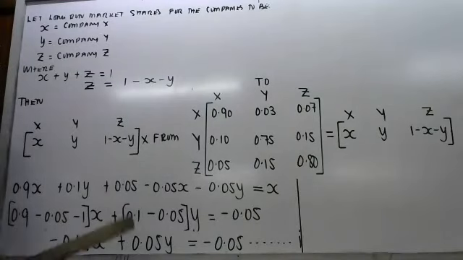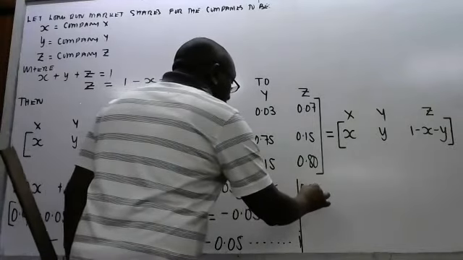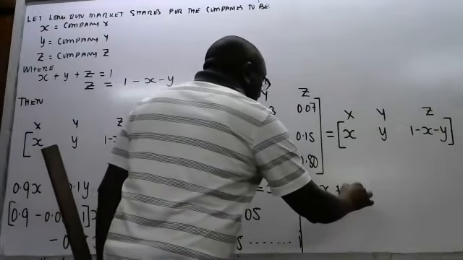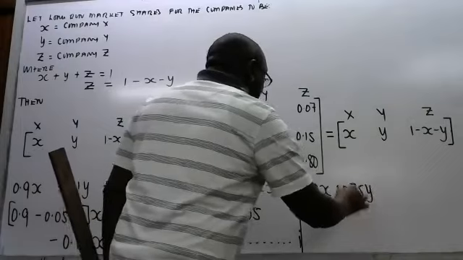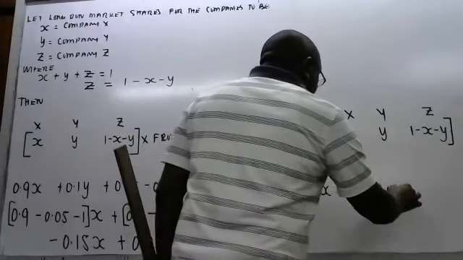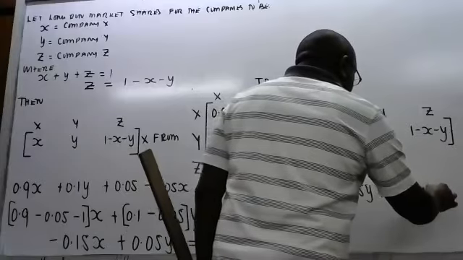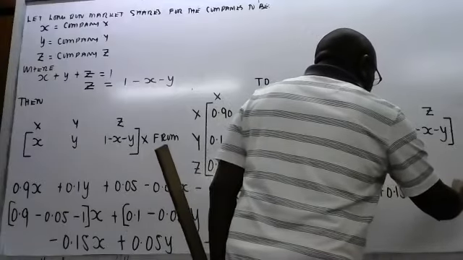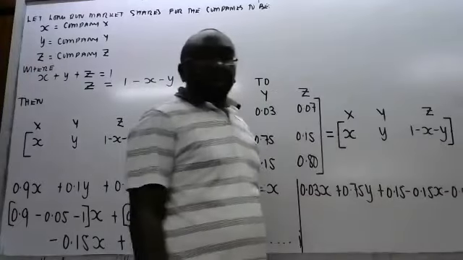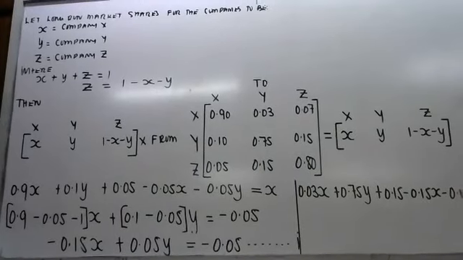We can multiply the next one, so that I talk of 0.03x plus 0.75y plus 0.15 minus 0.15x minus 0.15y is equal to y.